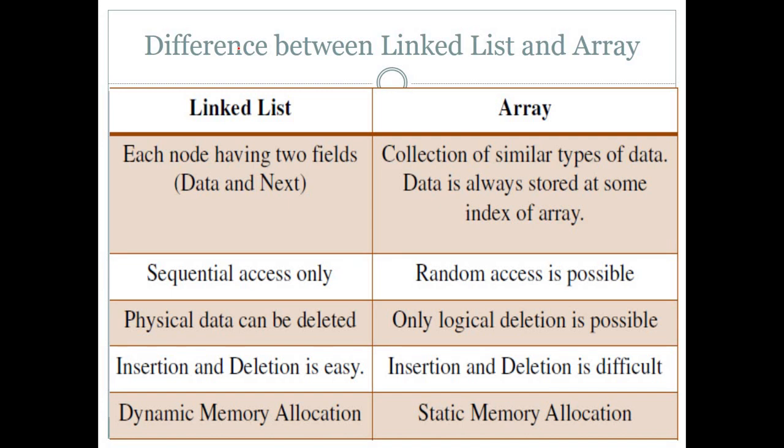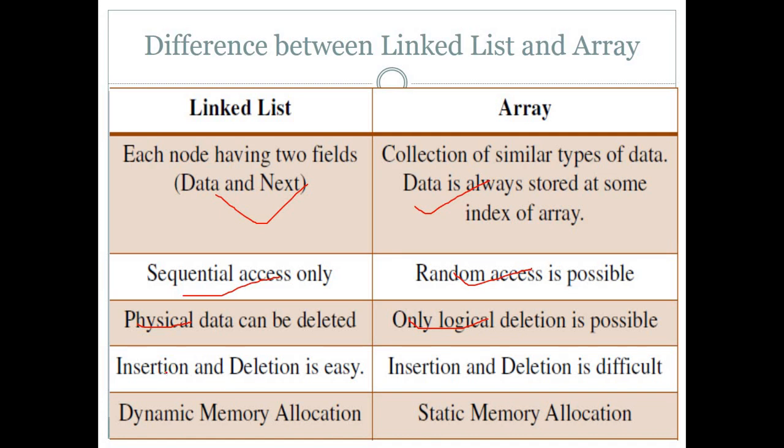And now let's understand the difference between a linked list and an array. In a linked list, each node has two fields, data and next, while an array is a collection of similar type of data, always stored at the same index of the array. The second difference is that linked lists allow only sequential access, but in an array we can access randomly. In a linked list physical data can be deleted, but in an array only logical deletion is possible.